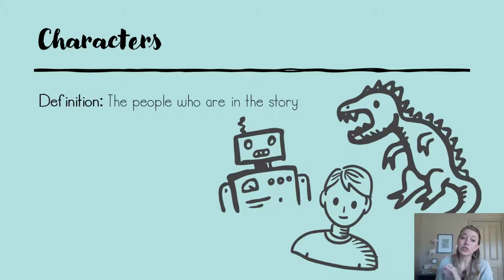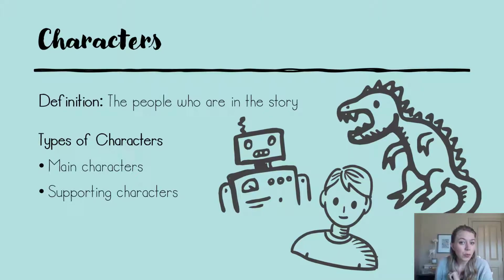Now, there's also 4 types of characters that we're going to talk about today. First 2, main characters and supporting characters. Your main characters are the big ones, the big characters who play the biggest roles in a story. So thinking of Wonder, a book or a movie you may have read or seen, your main characters are characters like Augie or Via or Jack Will.